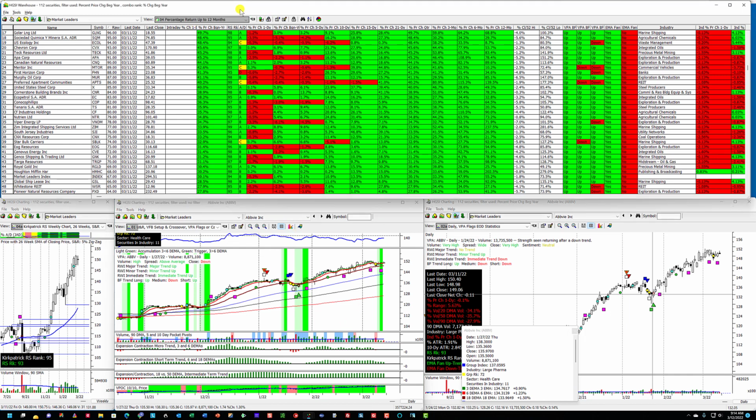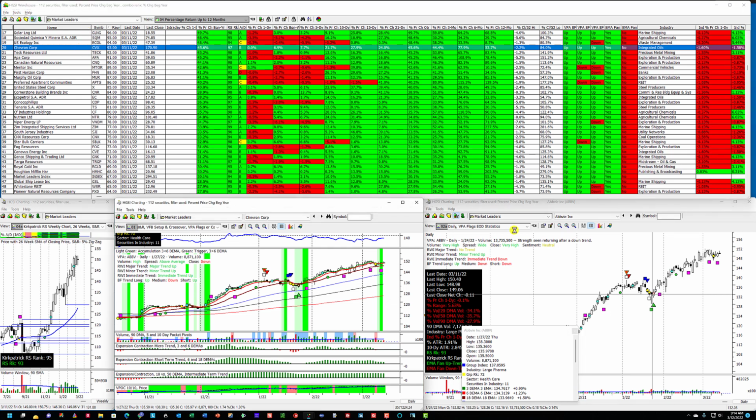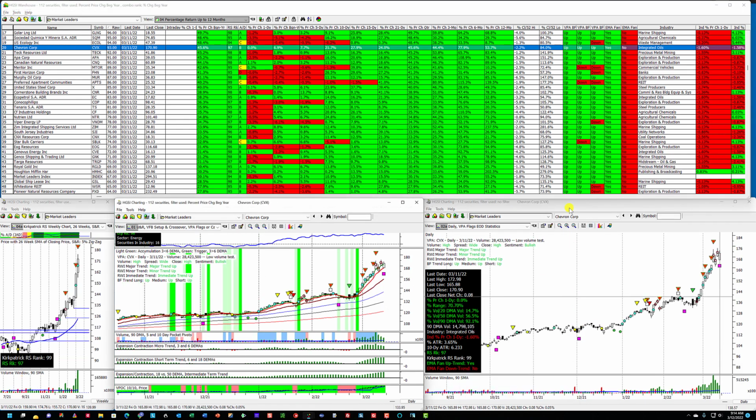Let's do one more. What did I say? Chevron. CVX, I had the wrong symbol, so it's CVX. It appeared multiple times, as I showed you, and you can see that it's been on a really nice run lately.